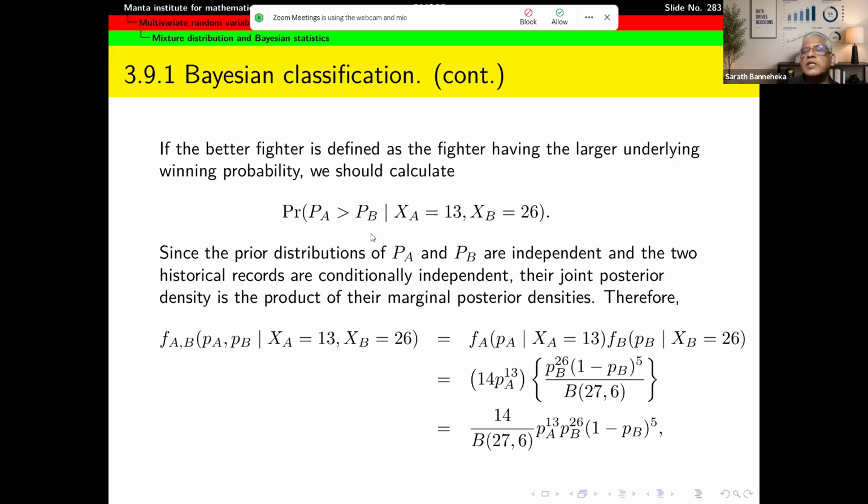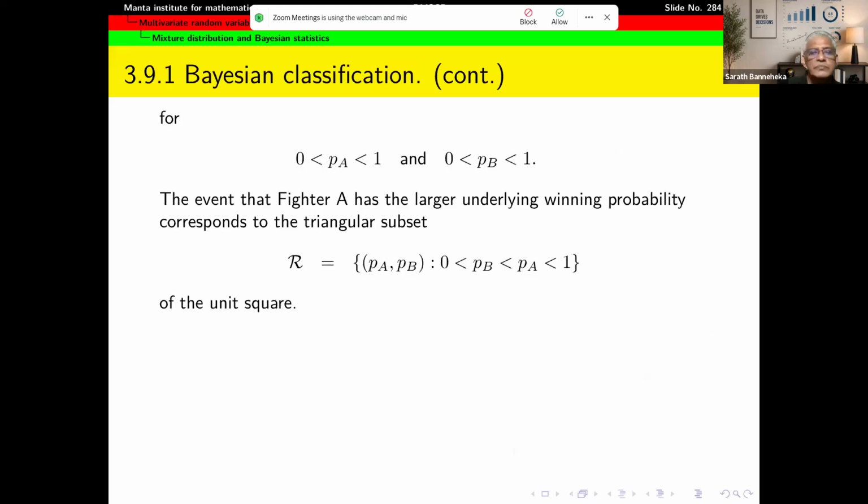They are independent, therefore the support will be a square where one side has length 1. But what we are looking at is the volume spanned by the joint density function over a subset of that support. That subset satisfies this condition. So we can easily understand that.